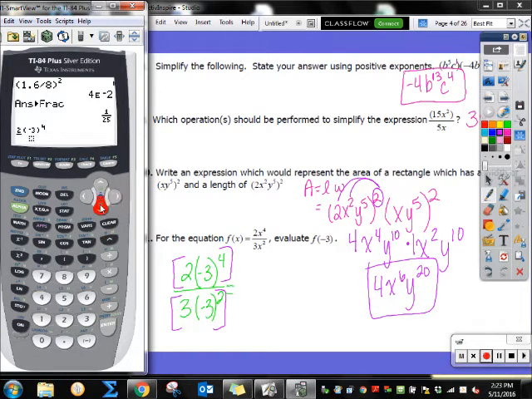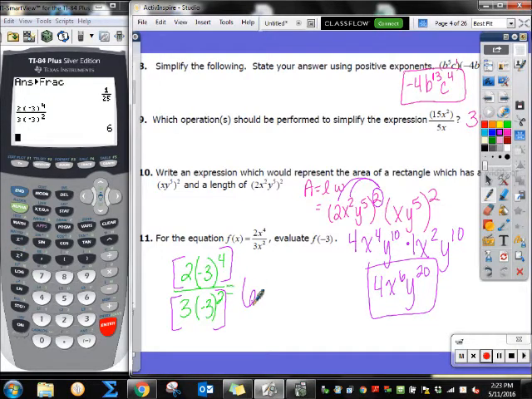Now I'm going to go to the bottom. That's going to be 3 parentheses -3 close parentheses squared. So now it's exactly the way it is on the board. Press enter and I get 6. Now you can definitely do the top separate from the bottom and then divide, or like I said, you can put parentheses around the top and parentheses around the bottom.